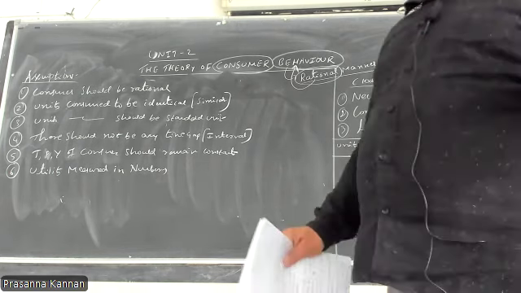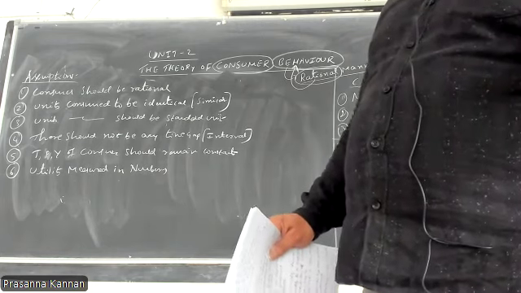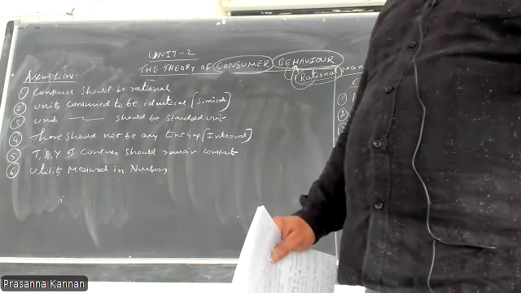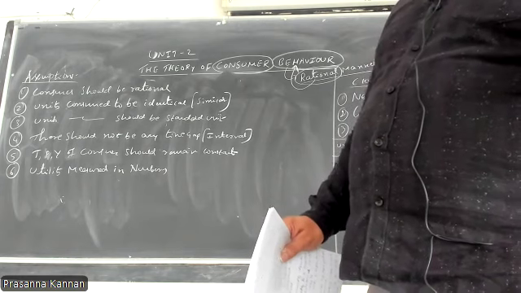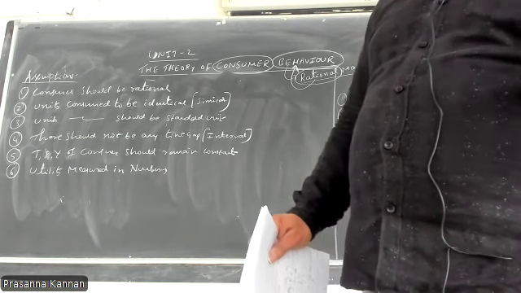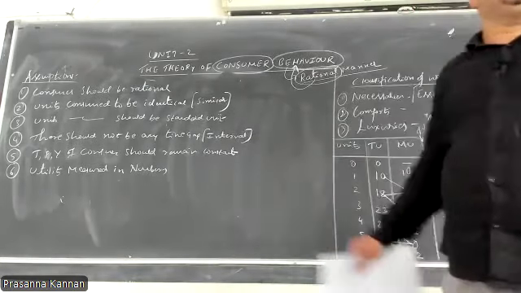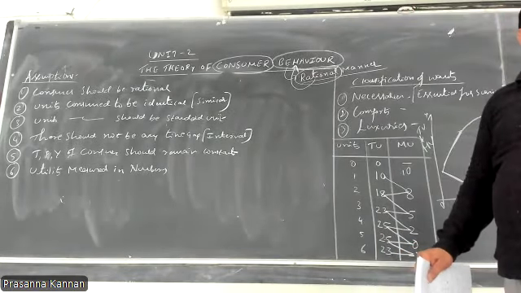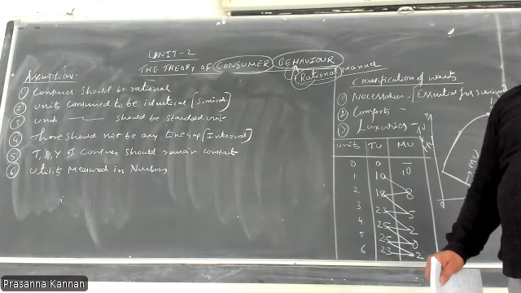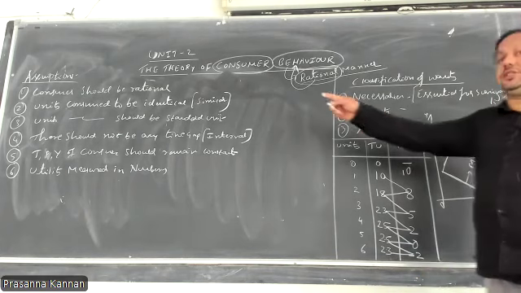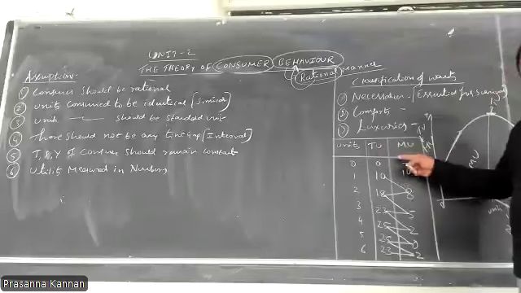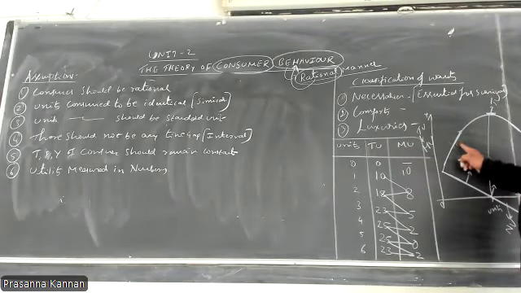Alfred Marshall says utility can be measured in terms of numbers. Say unit 1, unit 2, unit 3, 4, 5, 6, nth number of units. So based on these assumptions, the law can be satisfied, otherwise not. Okay. So based on these assumptions, we have just done this table and this diagram.